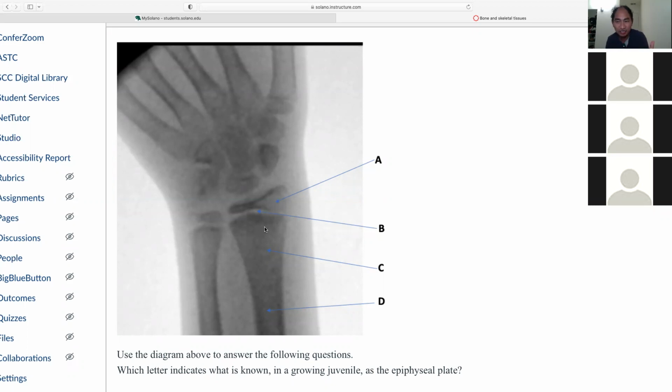Joint is a structure. It is not an organ. It is a combination of two things together. That is a joint. And what is this joint called then? Now I'm going to change the question. It's very easy to change the question. Is this a carpal joint? Carpal joint is the joint here.